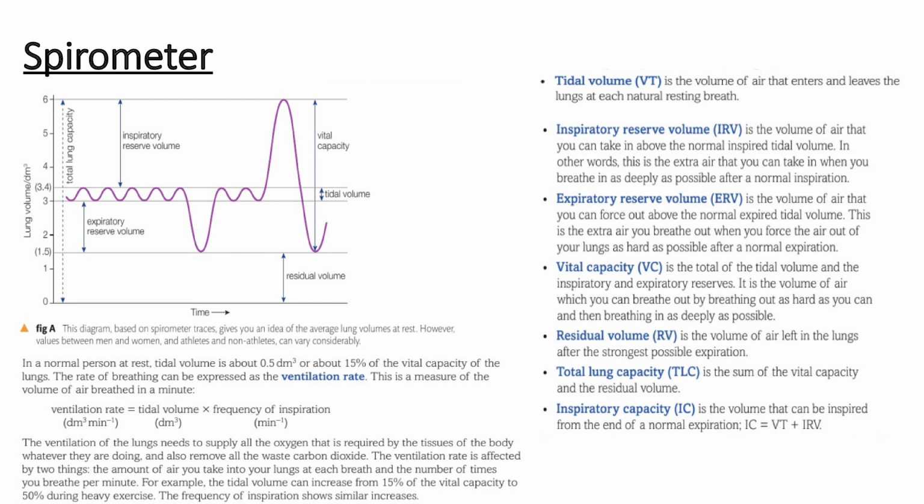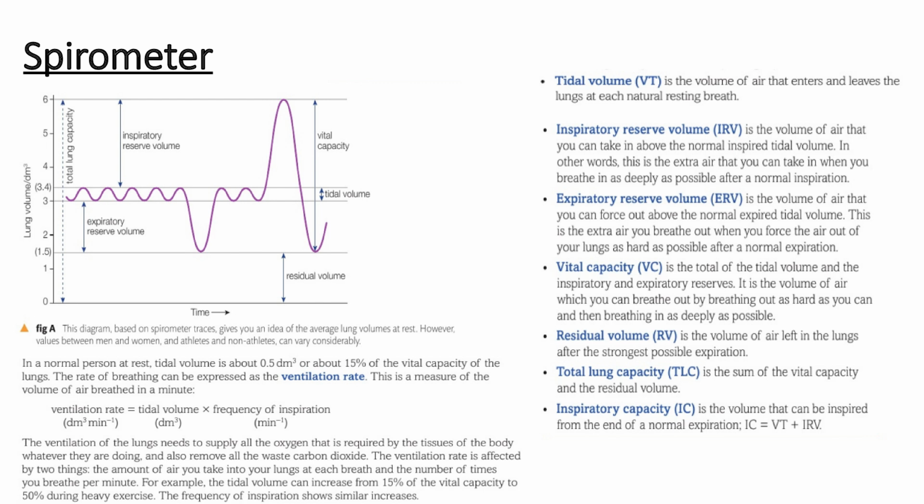What is the residual volume? Residual volume is the volume of air left in the lungs after the strongest possible expiration. What is the total lung capacity? It is the sum of the vital capacity and the residual volume. And lastly, inspiratory capacity is the volume that can be inspired from the end of a normal expiration.